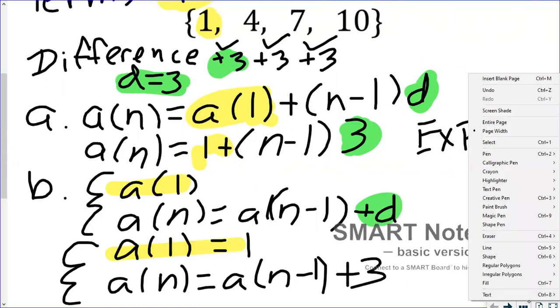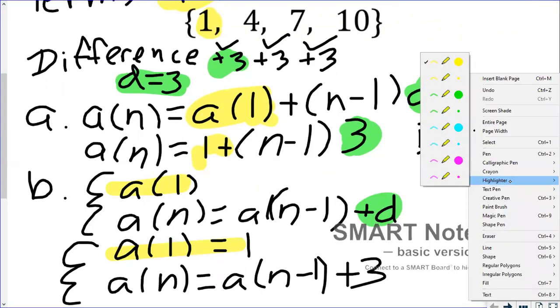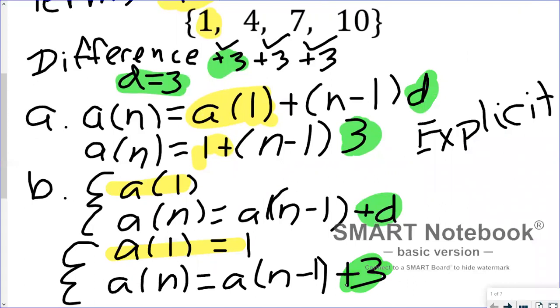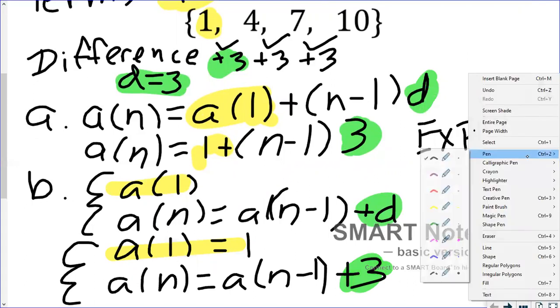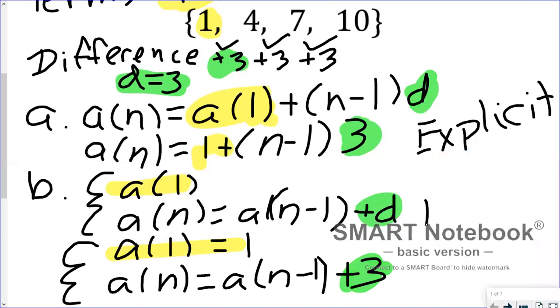My common difference will be in green. And this is what we call an explicit formula, or sorry, recursive formula. Recursive formula.